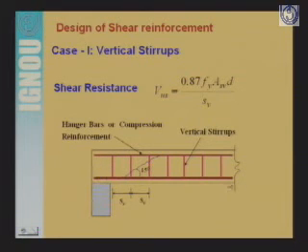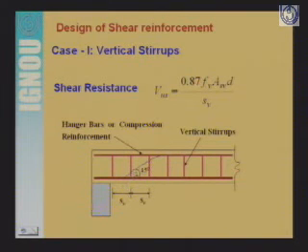This is main reinforcement, tensile reinforcement. This is compression reinforcement or hanging bar. These in pink are vertical stirrups, and these are provided in the form of a loop.